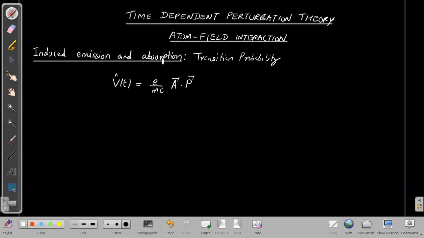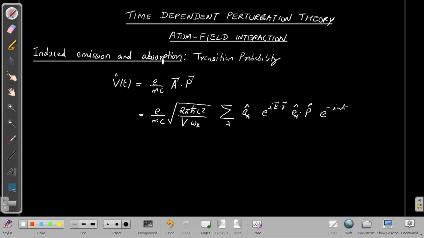This can be written as e by mc square root of 2 pi h cross c square divided by capital V omega k, then sum over lambda, annihilation operator a lambda, e raised to i k dot r, e lambda dot p, e raised to minus i omega t, plus a lambda dagger e raised to minus i k dot r, e lambda dot p, e raised to plus i omega t.